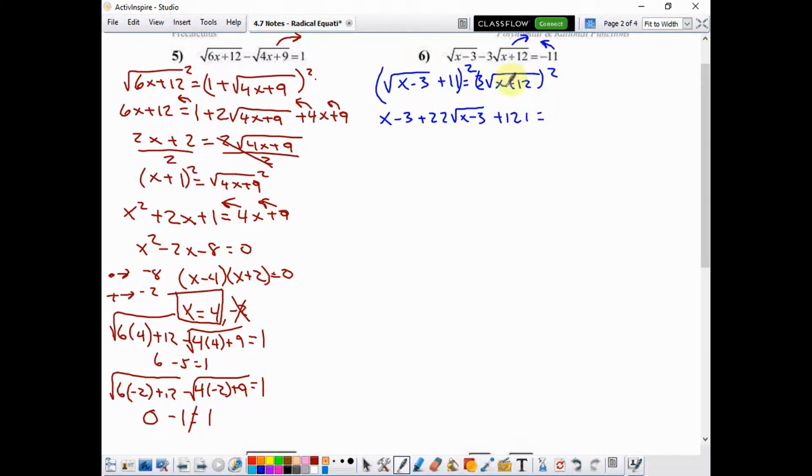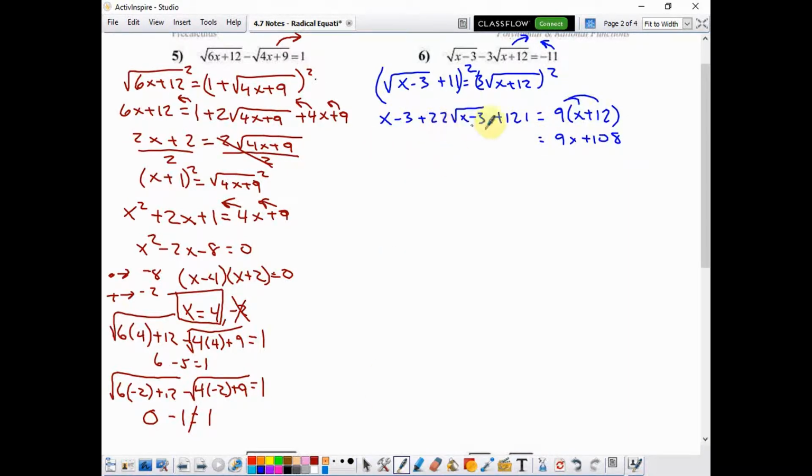On the right side, I don't have a plus or a minus here, so I just squared the 3 and I squared the radical. 9 times x plus 12. Clean that up a little bit. Next thing I would do is distribute the 9. This side's not going to change, so I won't write it here again.